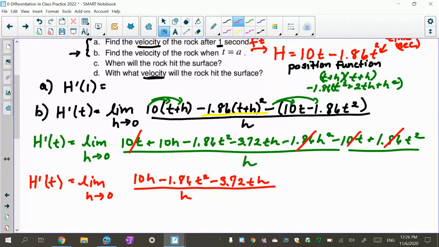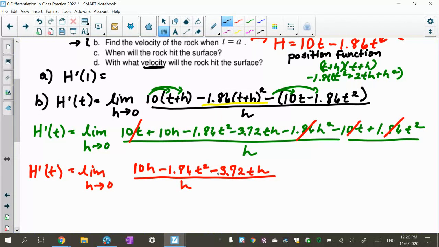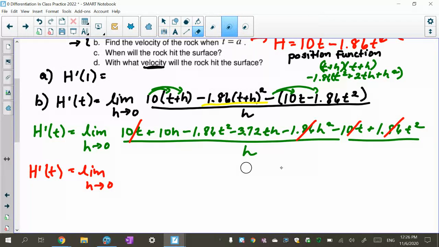Now I see I can't actually plug in the 0 yet, and I can see where I can factor out an h, but I think I did something wrong here. I think I forgot to cross this off. So let me erase this. I hate it when I do this when I video. So let's do this again. All right, so hang on a second.